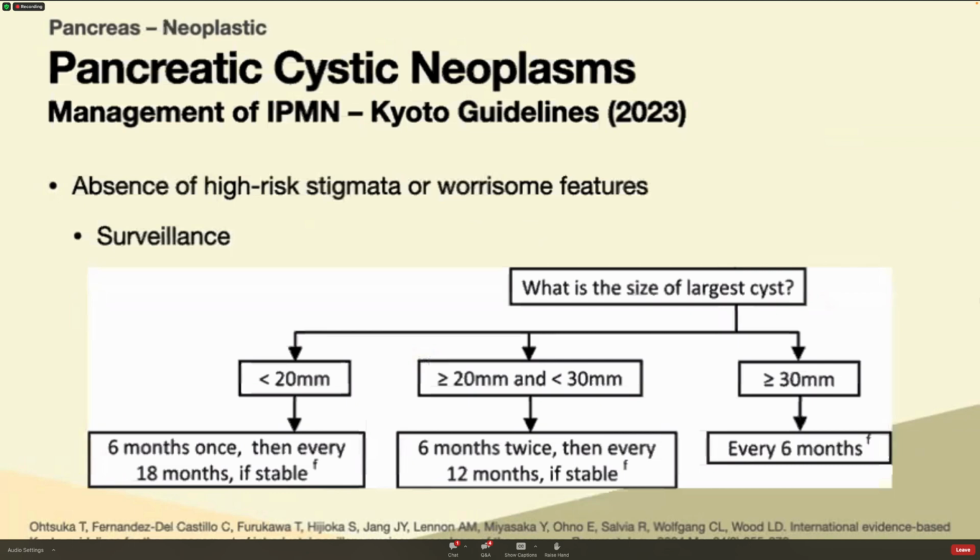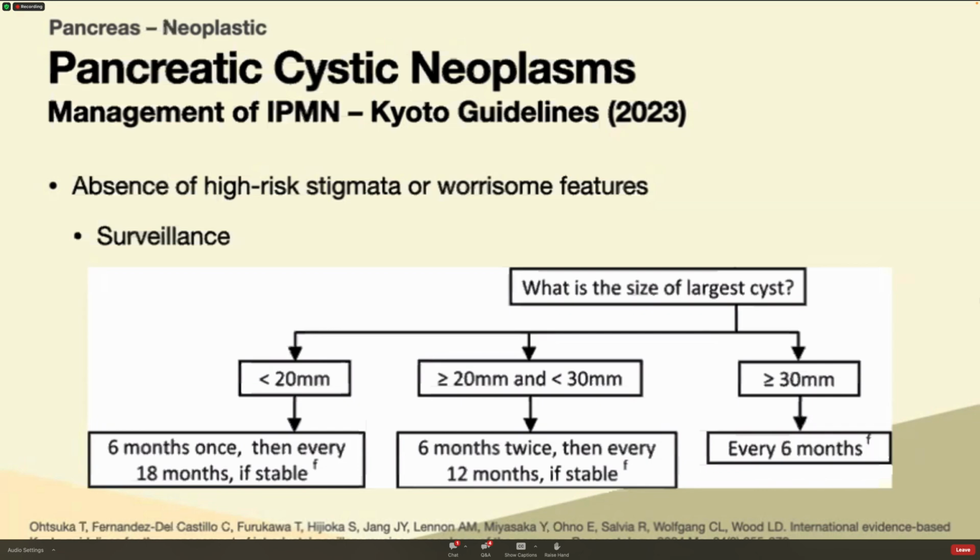So, in the absence of the high-risk stigmata or worrisome features, what we do is just surveillance. And this is also an option for patients if there's only one worrisome feature, the pancreatic cyst size of greater than or equal to 3 centimeters.